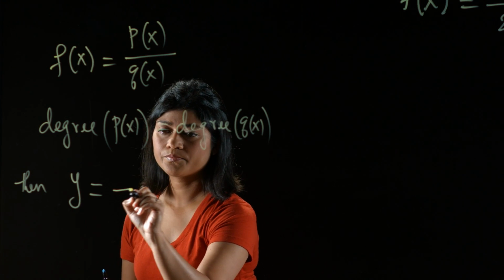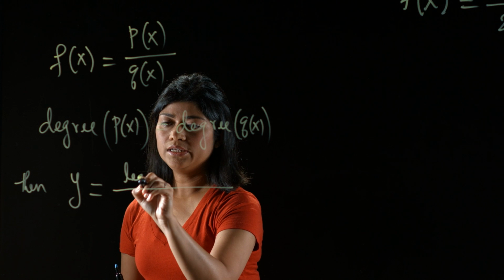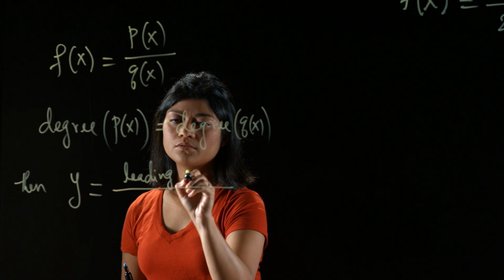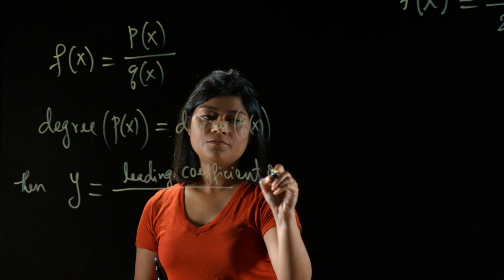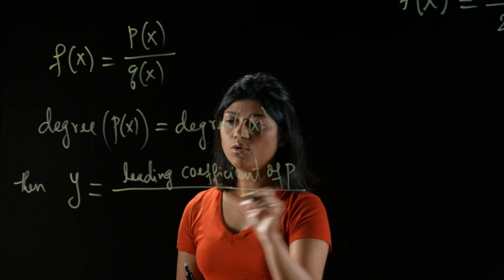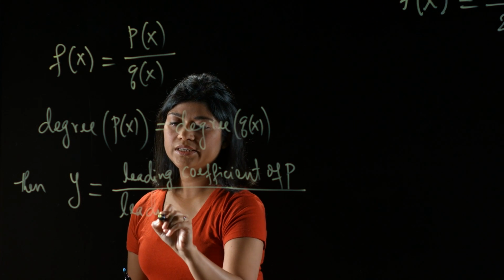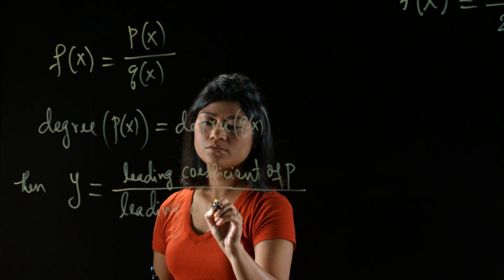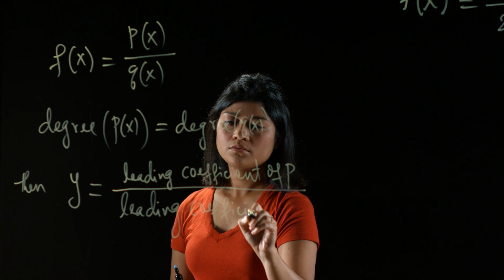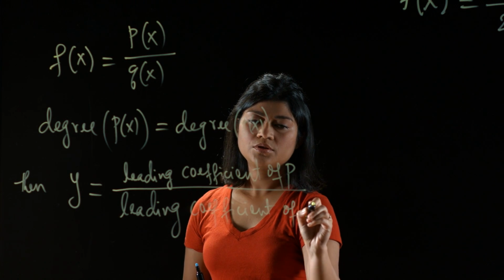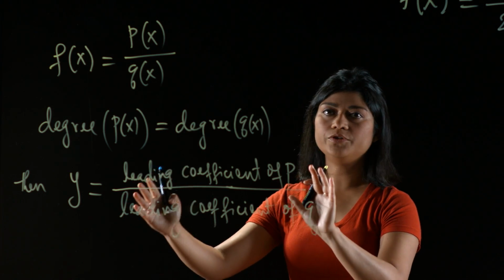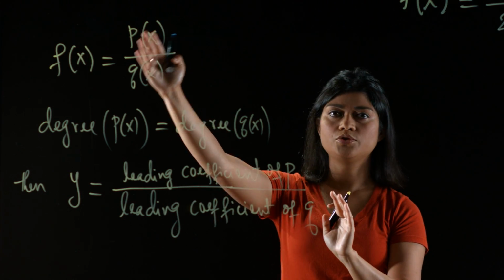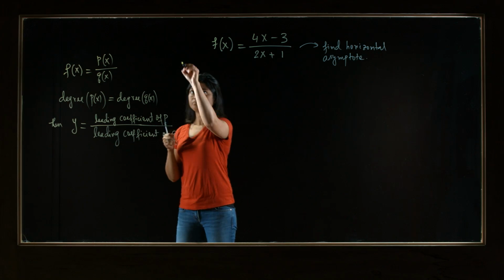It is the leading coefficient of p over the leading coefficient of q. That constant will give you the horizontal asymptote to the graph of that function.